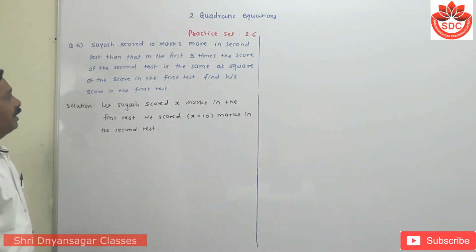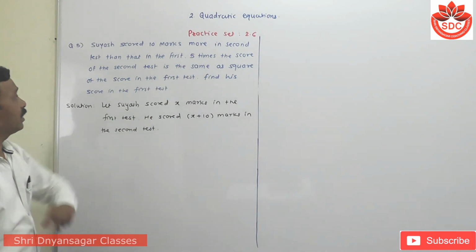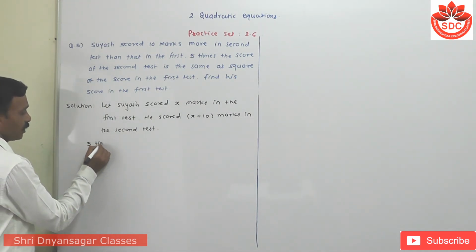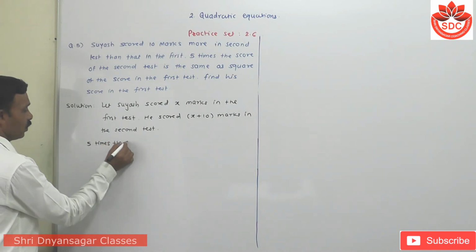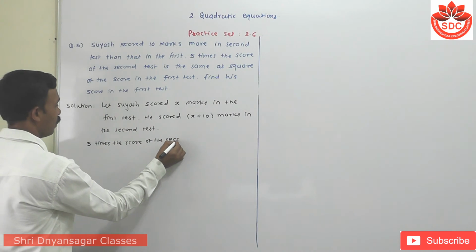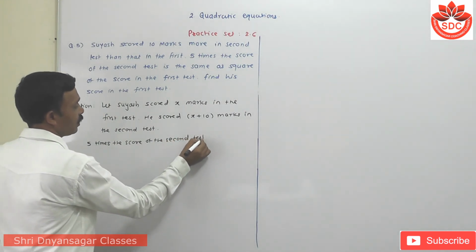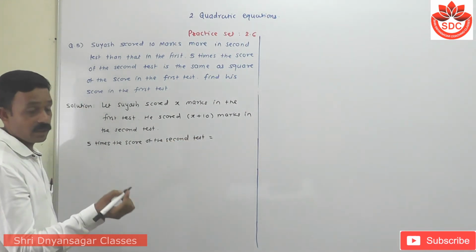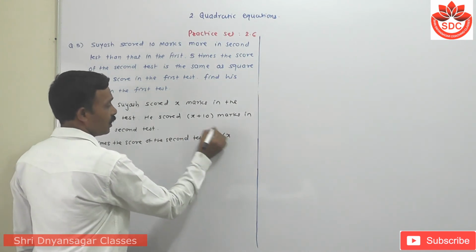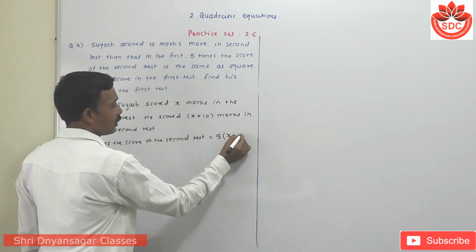Now the next condition is that 5 times the score of the second test, means you have to multiply it by 5, that is 5 into the score of the second test, x plus 10.